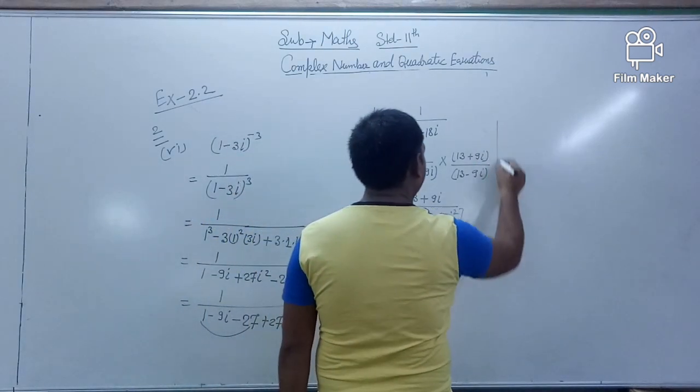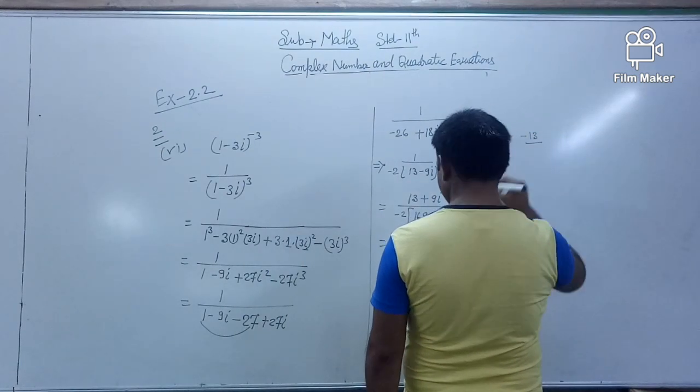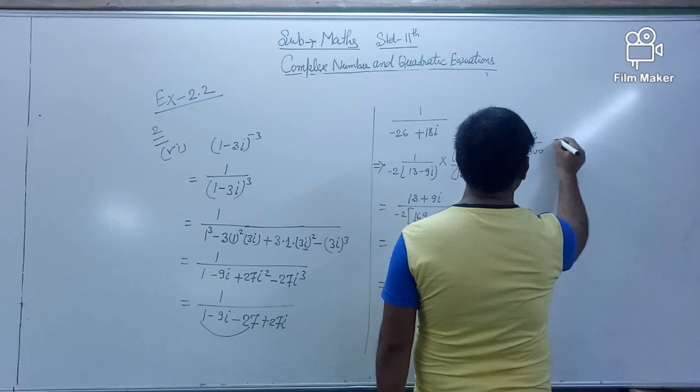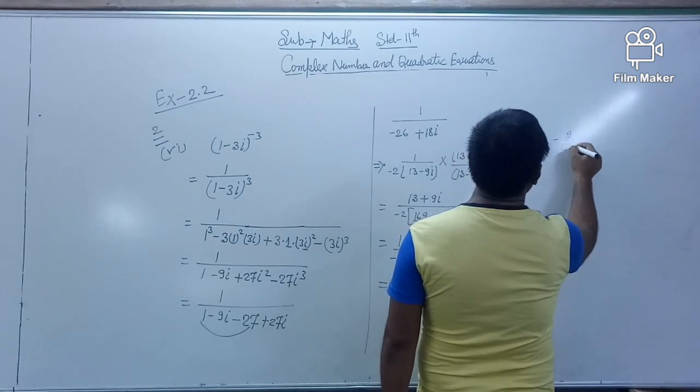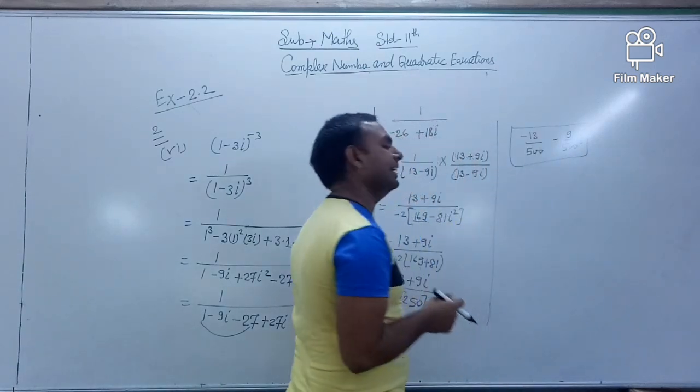So therefore that is equal to minus 13 upon 250 into 2, it means 500, and minus 9 upon 500i. So this is the representation in a + ib form.